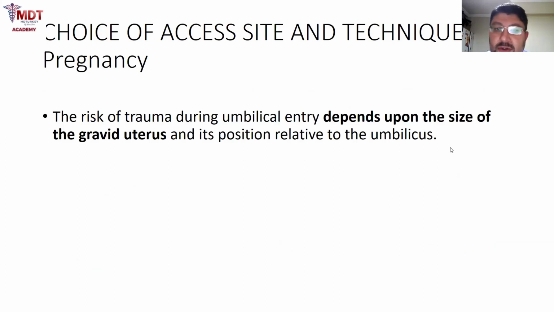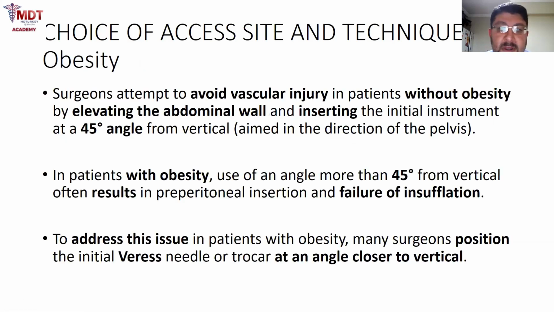And also, the risk of trauma during abdominal umbilical entry depends on the size of the gravid uterus, if the patient is pregnant, and its position relative to the umbilicus. Of course, this is another lesson for laparoscopy in pregnancy. The patient may be obese.